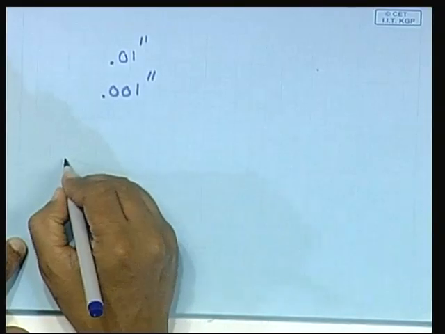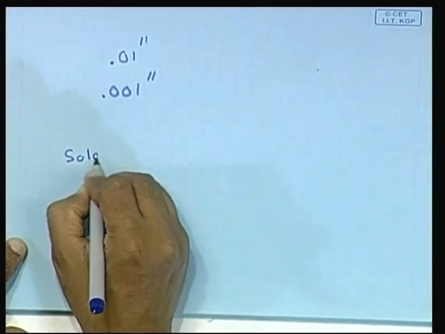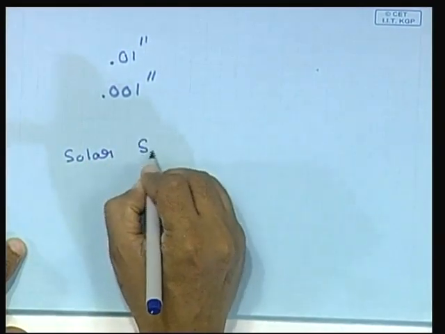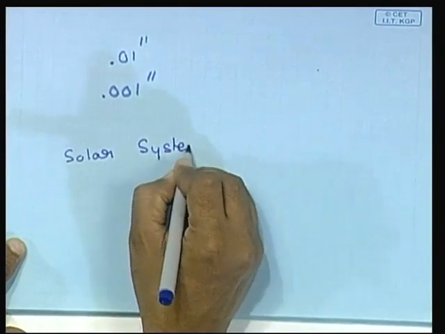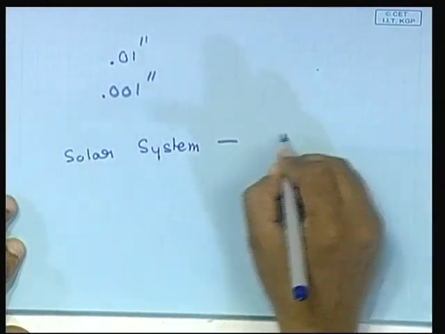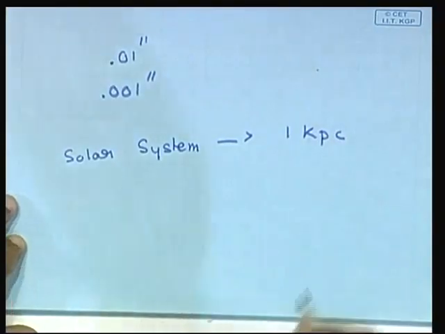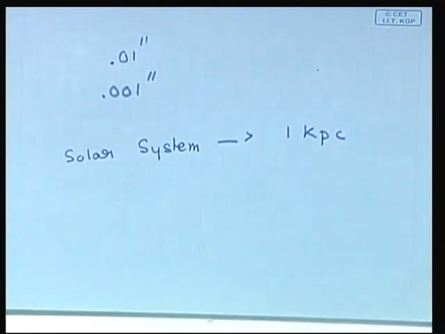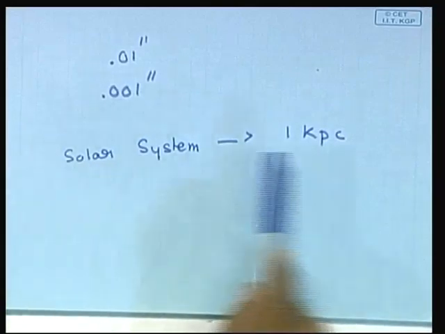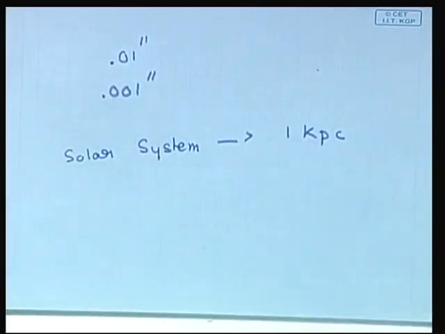Using parallax distances, we can measure the distances to stars close to the solar system up to 1 kpc at most. There is no chance of using the direct measure much beyond this.